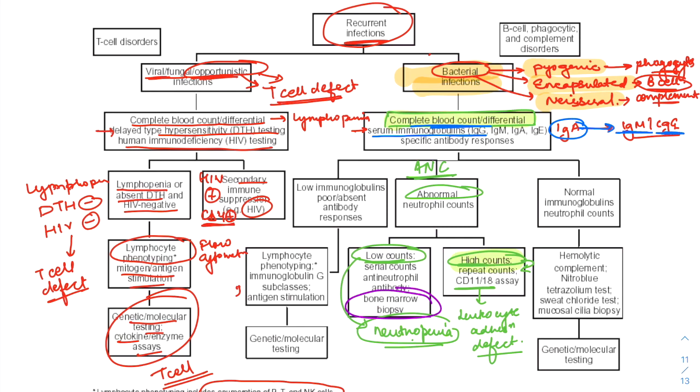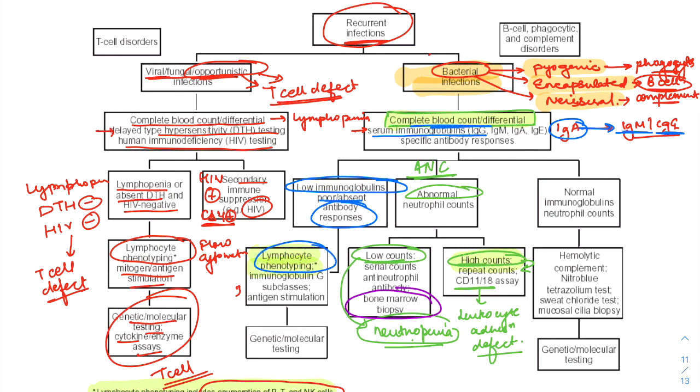So, if the immunoglobulin levels are low or absent, and antibody responses are absent, we then do the lymphocyte phenotyping. As I've told you, the lymphocyte phenotyping includes enumeration of B, T, and NK cells. So B cells, their phenotype will also be told, and defect in the B cells can be found out.